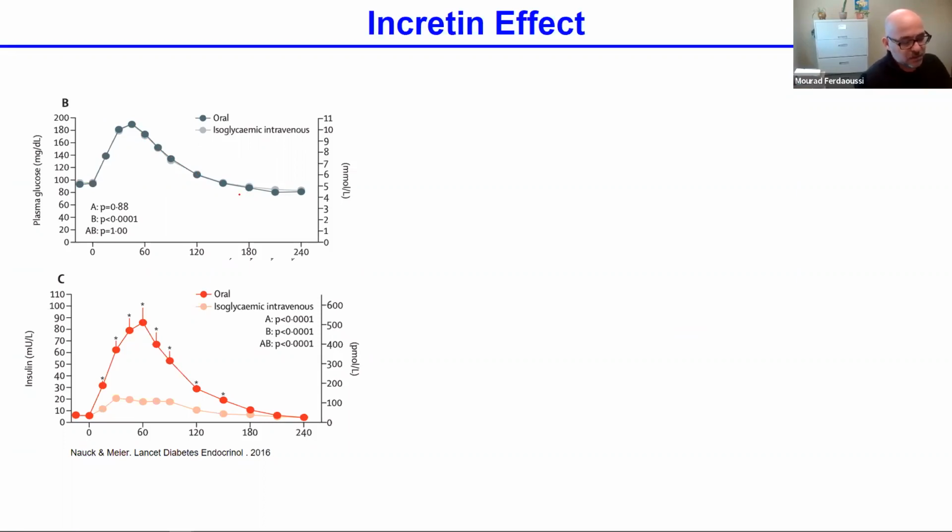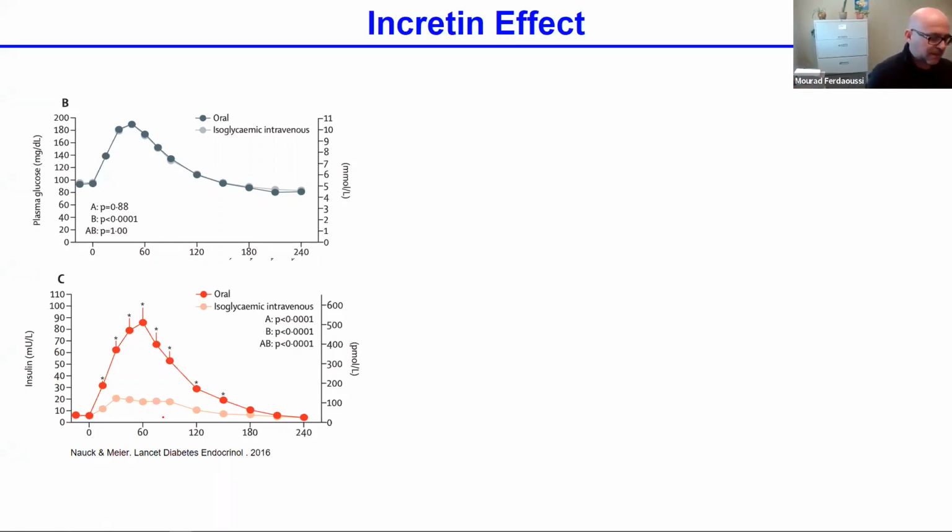But what is really interesting to see is that the insulin secreted by beta cells was much higher when we give the glucose by oral than by intravenous injection. So this information, as I said before, suggests that we can target the beta cells and increase the insulin secretion based on this observation.